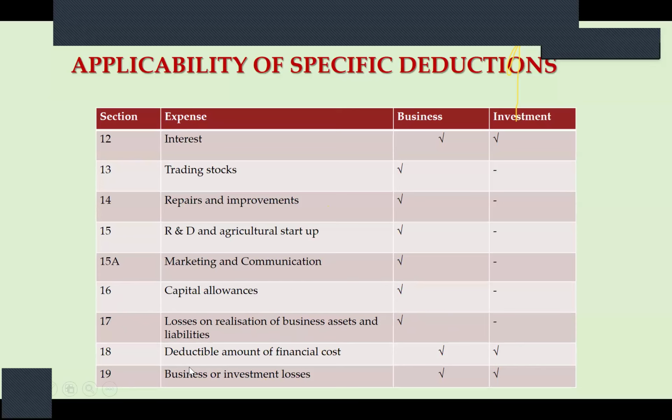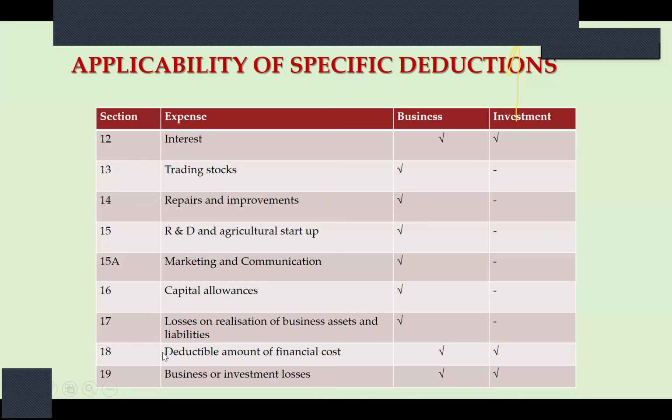Then section 18 is for the deductible amount of financial cost. Interest is also a type of financial cost. It is under section 12. Section 18 is also for the deductible amount of financial cost. So under section 12, we have given a specific deduction rule for the interest.